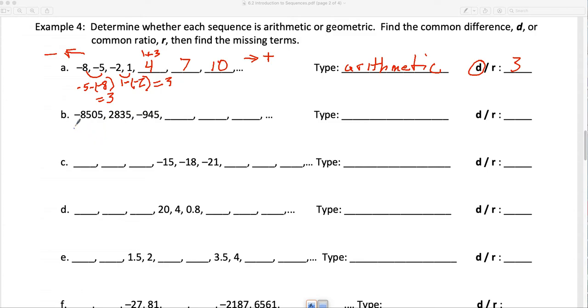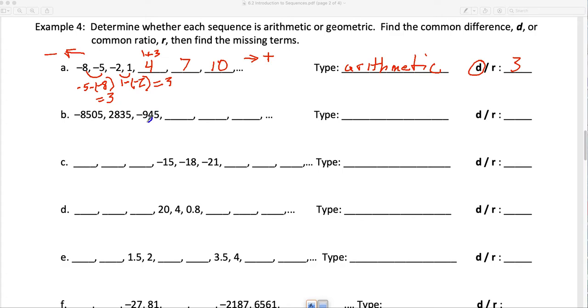All right, look at this. The signs are alternating, but look how fast this is dropping. If you ignore the signs and go with the absolute values, we've got from 8,505 to 2,835 to 945. It's dropping really fast, although the signs are alternating. So instead of wasting time subtracting backwards, I'm going to go ahead and divide backwards.